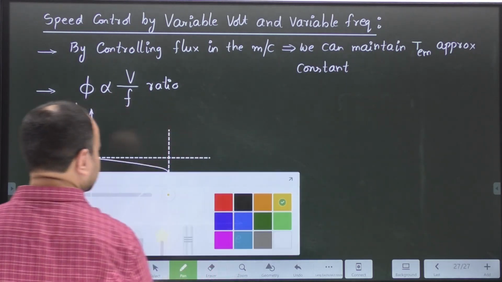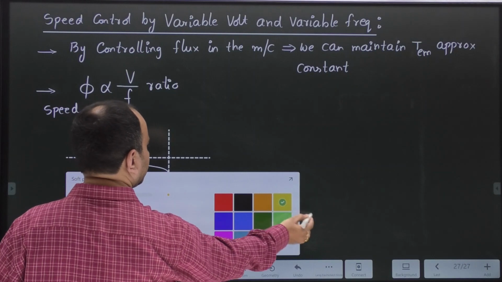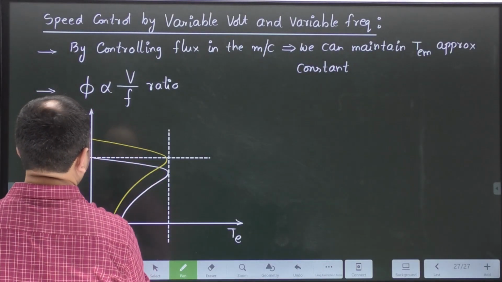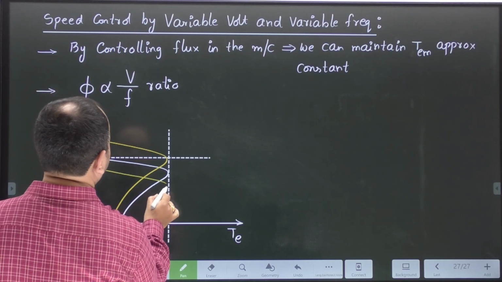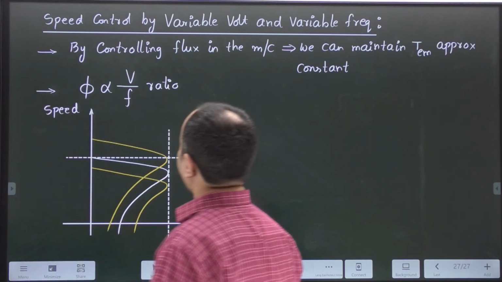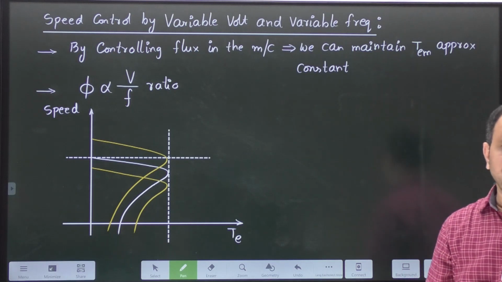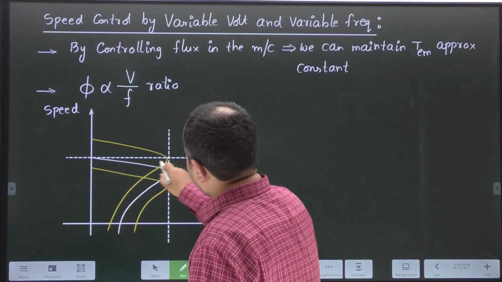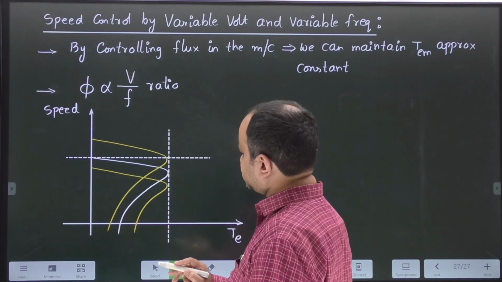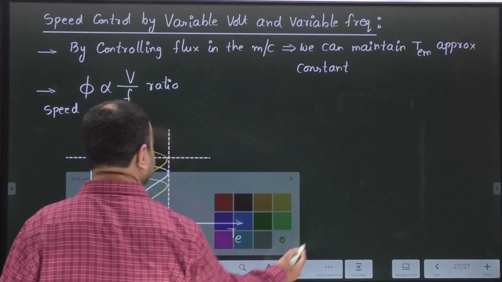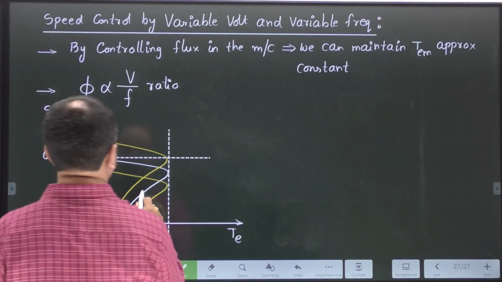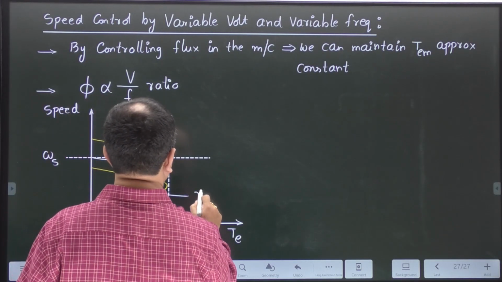By changing both voltage as well as frequency, you will have the characteristics something like this. See here, the white curve corresponds to rated conditions. This is a synchronous speed.